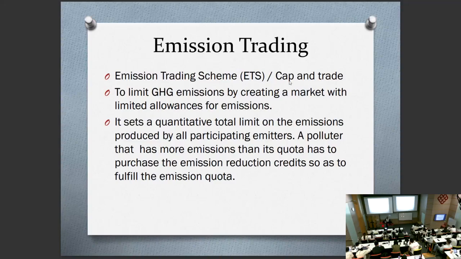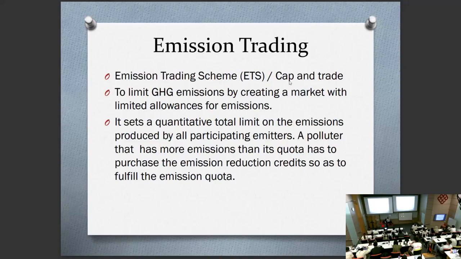So it is something like a trading. Okay, a trading not for food, not for other resources, but for trading the allowance to emit greenhouse gases. It sets a quantitative total limit on the emissions produced by all participating emitters. A polluter that has more emissions than its quota has to purchase emissions reduction credits so as to fulfill the emissions quota.